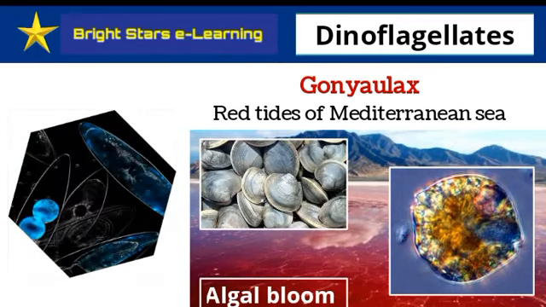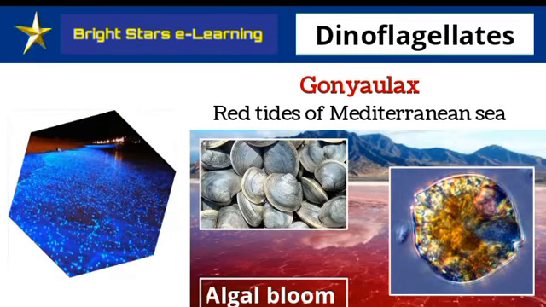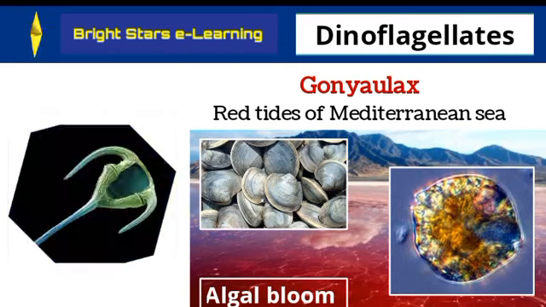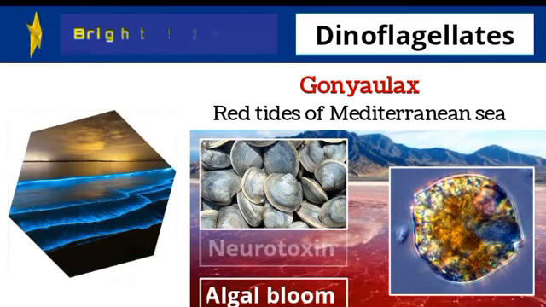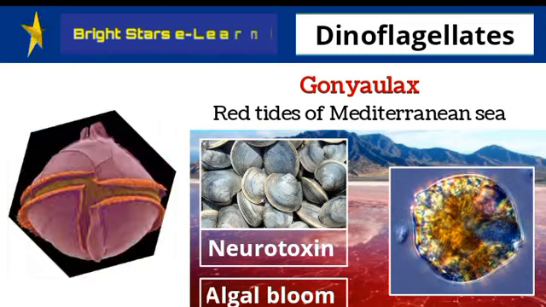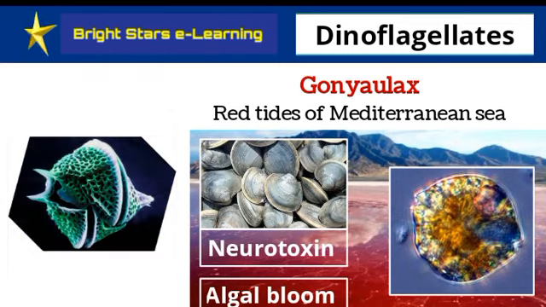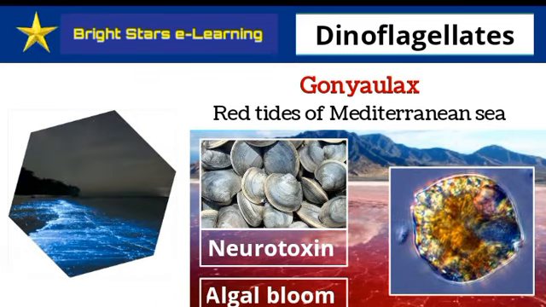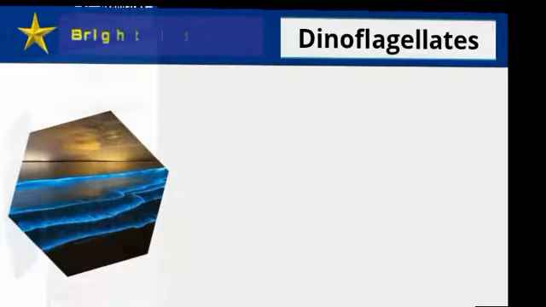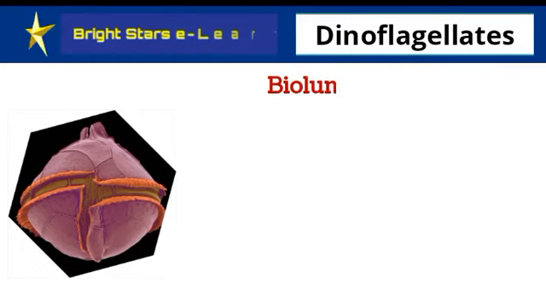So seafood from these contaminated water bodies should not be eaten, because it contains poison, that is a neurotoxin. That means this poison is toxic to the nervous system, so we should avoid that kind of seafood.